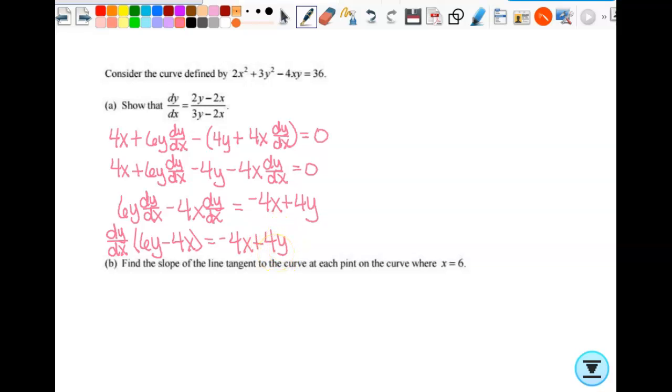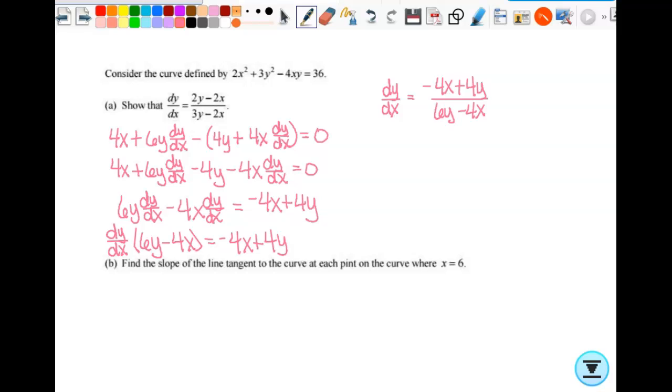So then I'll move over here, and what do I do at this point? I divide. So I will have dy/dx equals negative 4x plus 4y divided by 6y minus 4x. Now, in the numerator, I could factor out a negative 4, right?